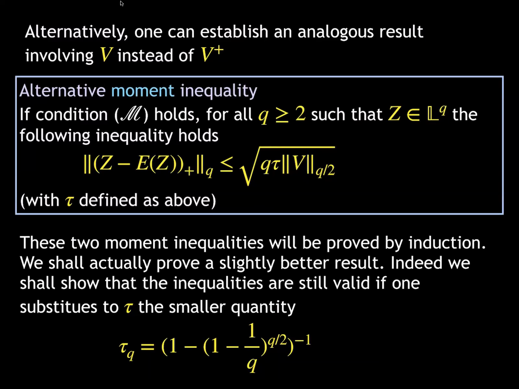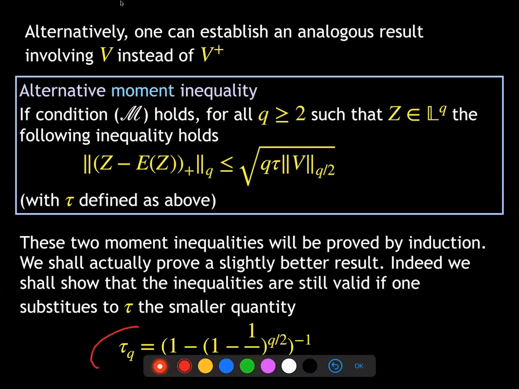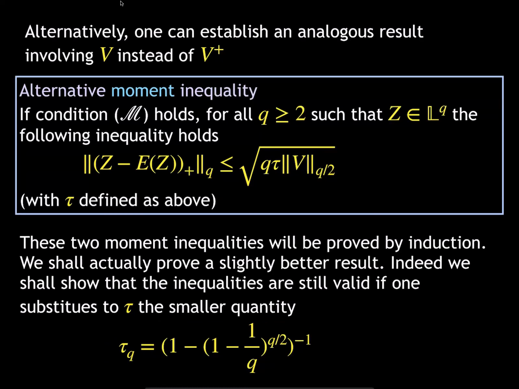So this is exactly what happens here. You need a slightly better result in order to make the induction work. The slightly better result is easy to state also, although the structure of the sequence tau q here may look strange, but as you will see, it's a natural structure which comes from the proof.